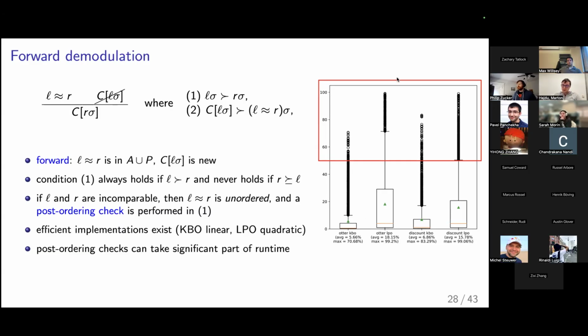As you can see, there are lots of benchmarks where actually the runtime is dominated by the post-ordering check, and this is only in forward demodulation. And there are even some extreme cases where we go almost to 100%. So what can we do to make these post-ordering checks more efficient? For these, we will introduce these term ordering diagrams.